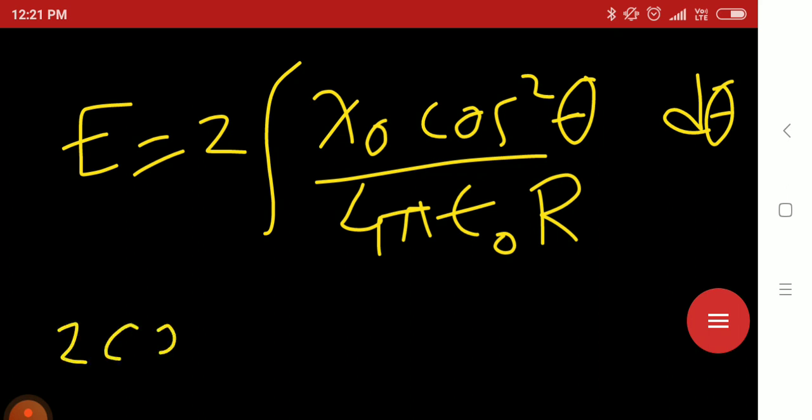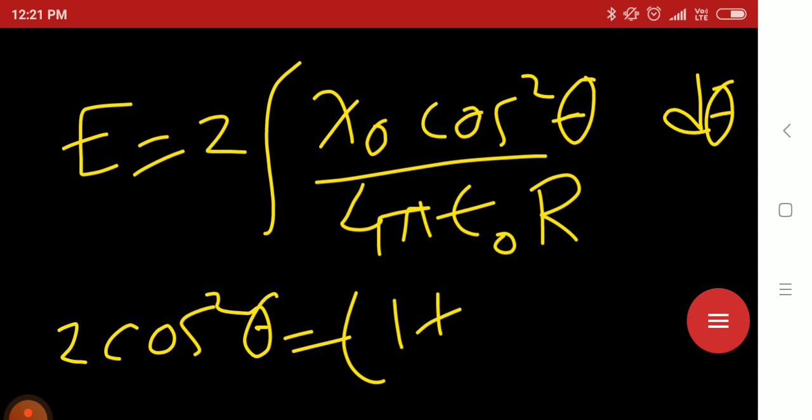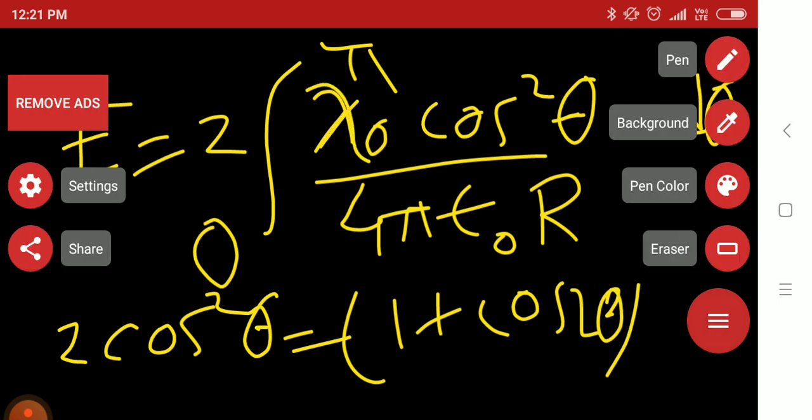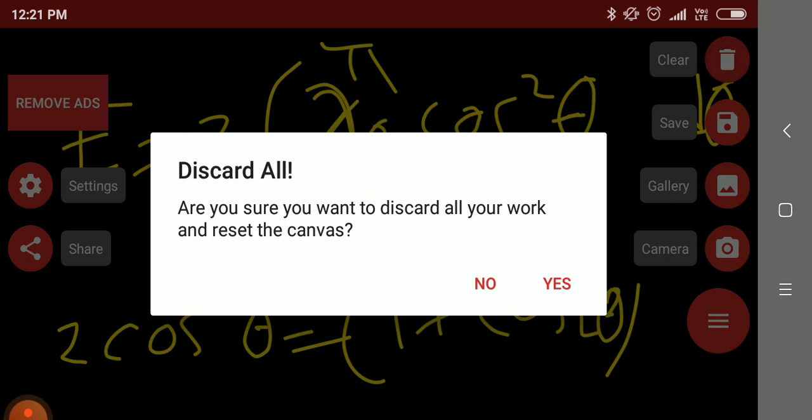The limits will be theta equals 0 to pi. Now 2 cos square theta can be written as 1 plus cos 2 theta, and putting it here, after integrating it you will get the value.